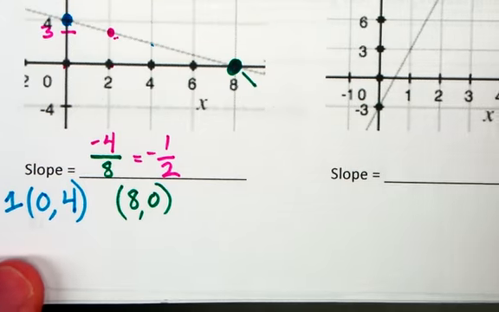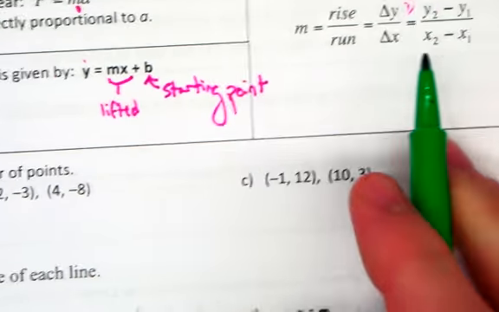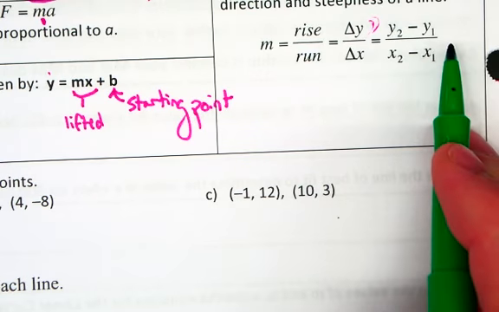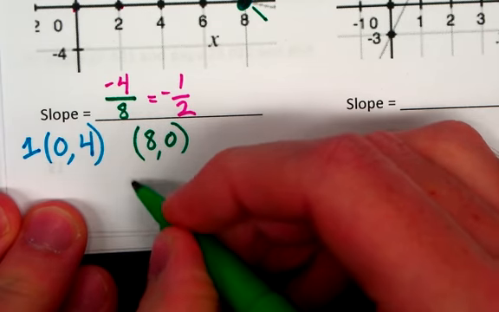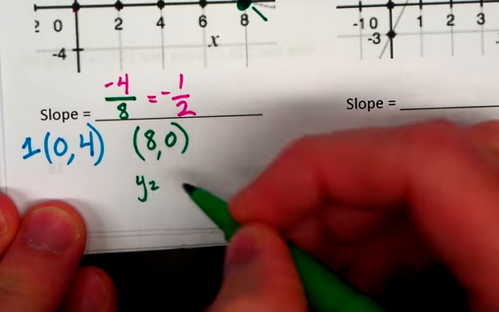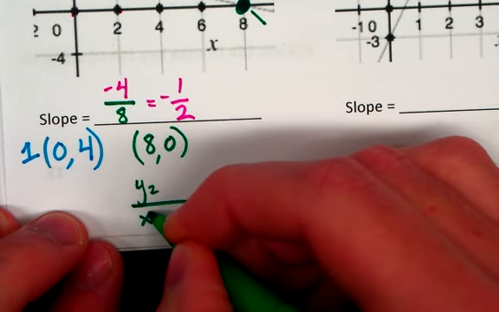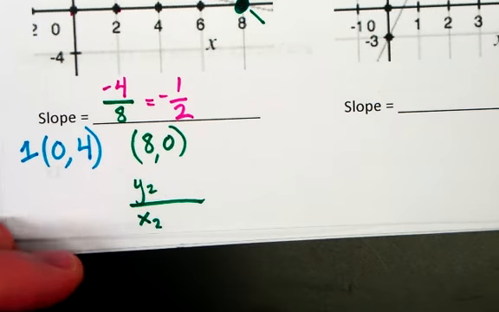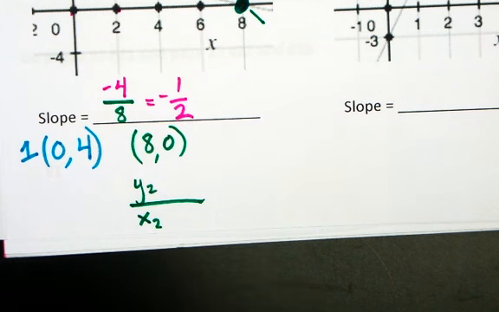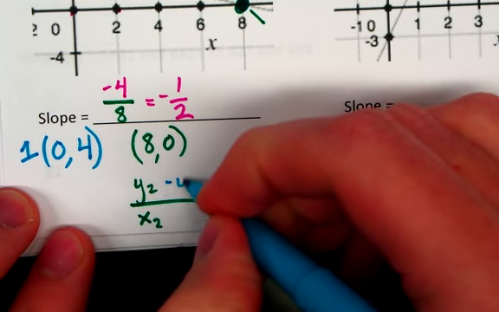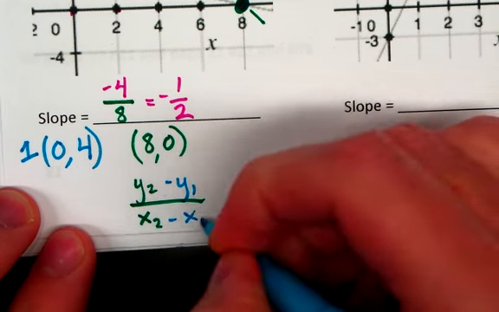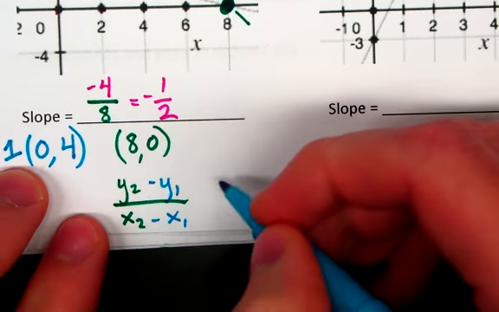So we're going to use y2 minus y1 divided by x2 minus x1, so I'll write that out. y2, x2, minus y1 and x1. So we start to plug those in.